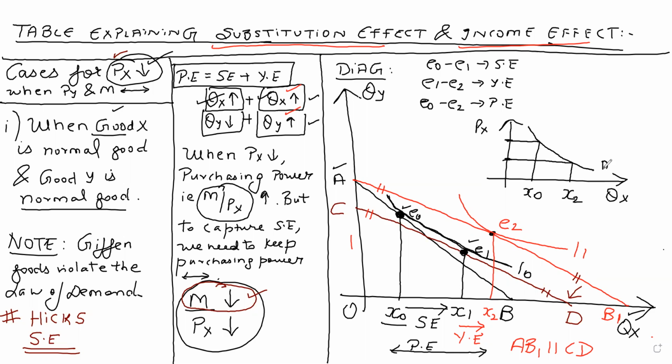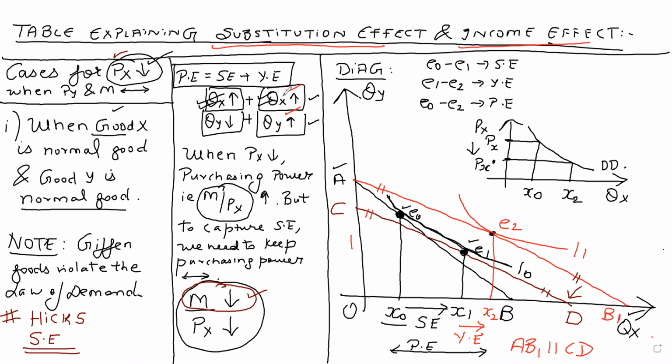You can clearly see that the demand curve is downward sloping. Initially my price was P0, or I can say PX. When it fell to PX dash, by both substitution effect and income effect, the quantity of good X went up.